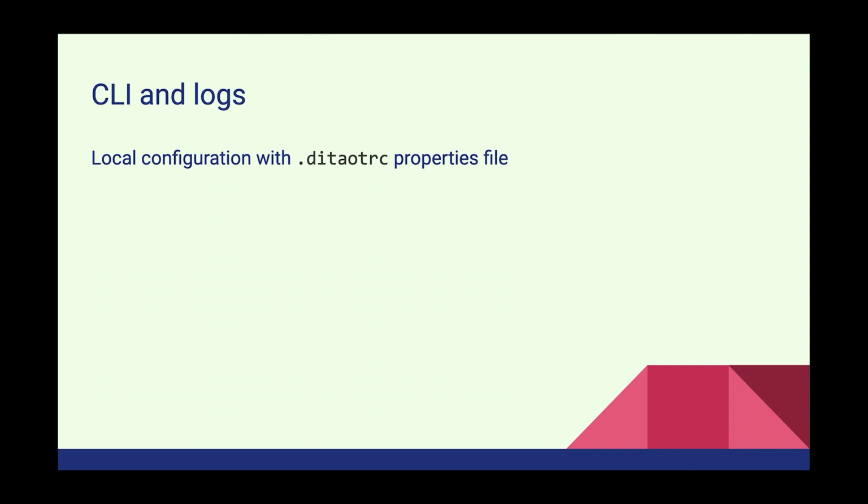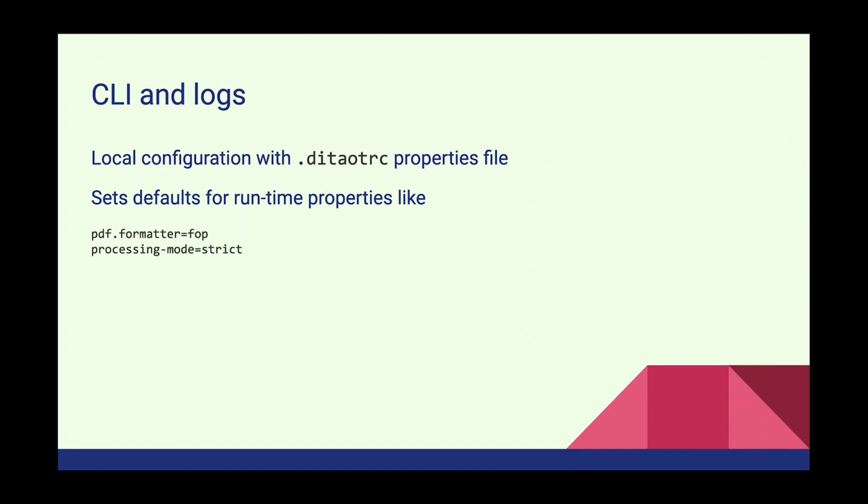So you can specify your defaults with these, meaning the runtime properties. For example, if you want to specify your formatter without always needing to type it on the command line, you can do that. Or you can set, for example, the processing mode. Like that uses a hyphen, that uses dot. These are the internal property names that you can actually find a list of on our option reference. But this allows you to type less on the command line just to run Open Toolkit.